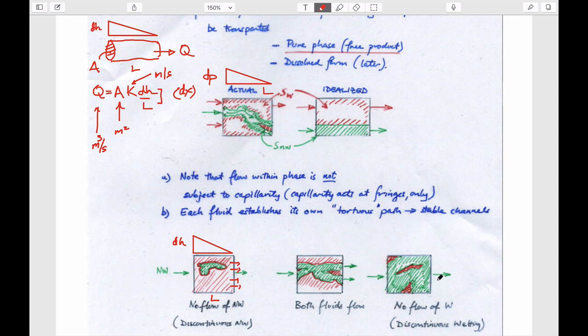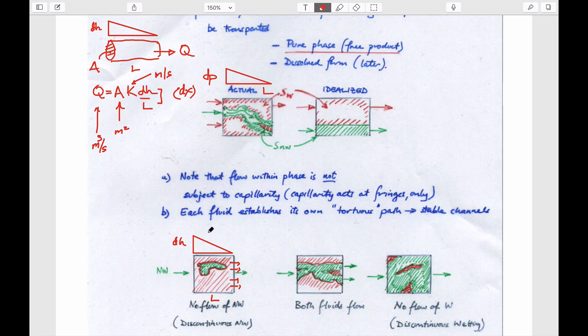So the important thing is that what we've talked about for the first couple of weeks is we've looked at changes in this saturation, and those are driven by capillary forces which resist that. Once we reach some kind of stable saturation, then we can take a snapshot at a saturation.